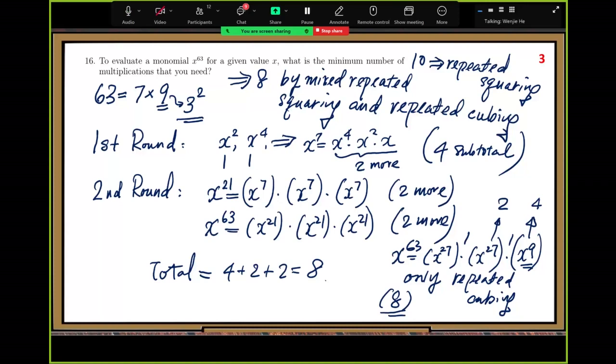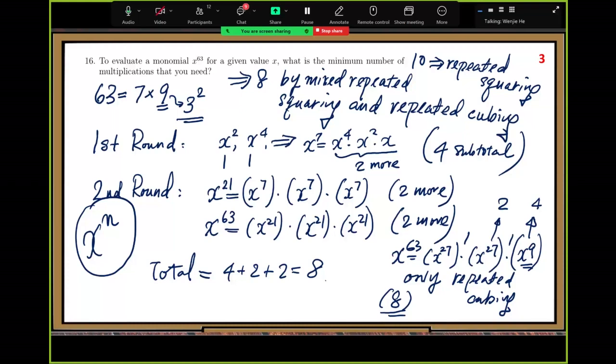From this example, you can get an idea. Actually, I mentioned this result in the class. When we evaluate a general monomial, x to the n, sometimes the repeated squaring gives you the best solution.